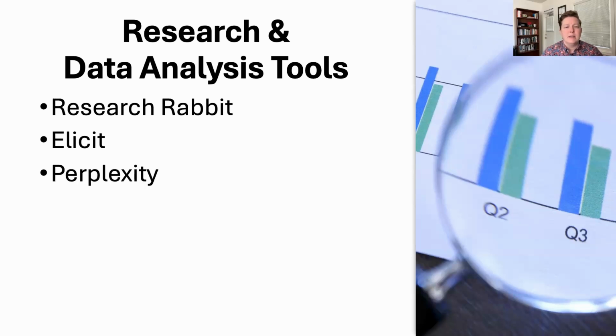Next is Perplexity. So this is kind of like Google on steroids. It's a search engine and it uses large language models to answer directly the questions that you put in. So instead of giving you a bunch of links to click and go through, it'll actually pull text from a bunch of different places, put it on the screen so that it actually answers your question, and it gives you a link to where it found that particular answer.